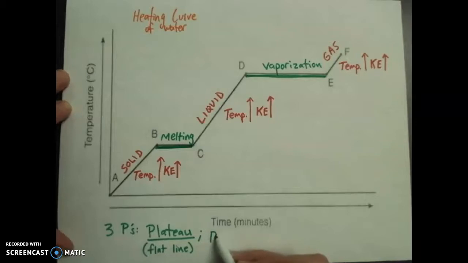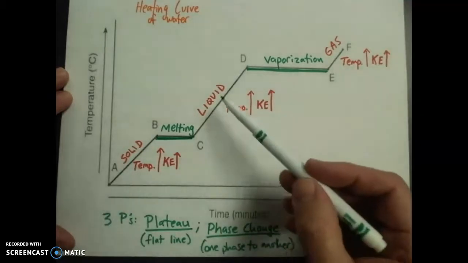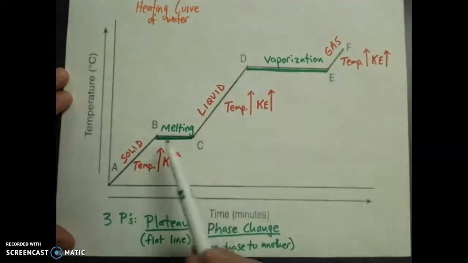The second P is a phase change. And you're going from one phase to another. For example, solid to liquid, liquid to gas. So on these plateaus, flat lines, you have phase changes.